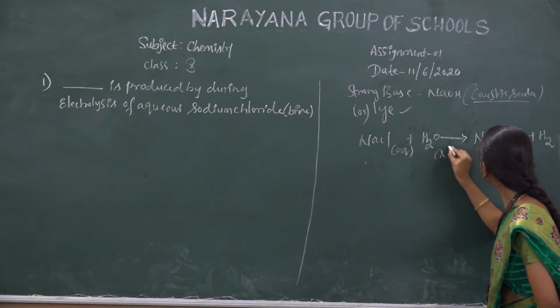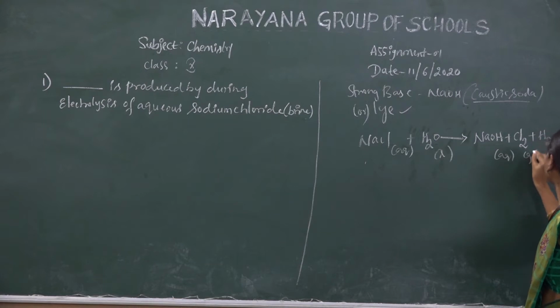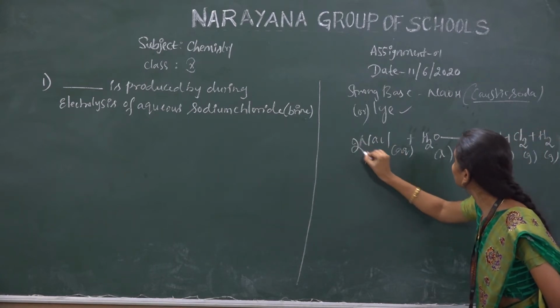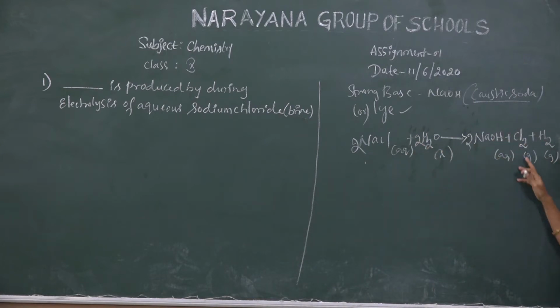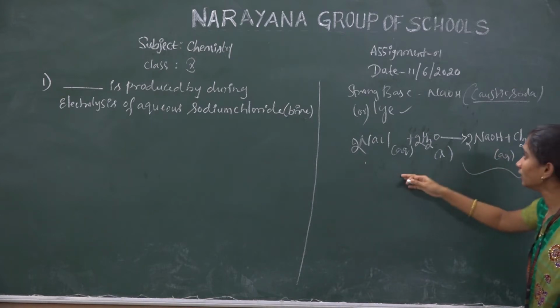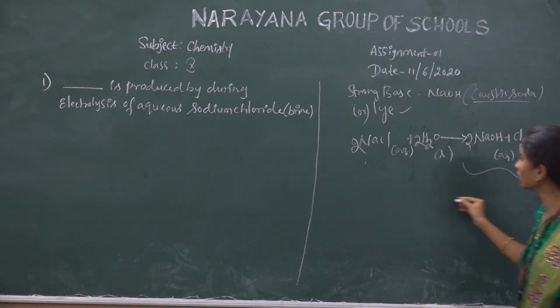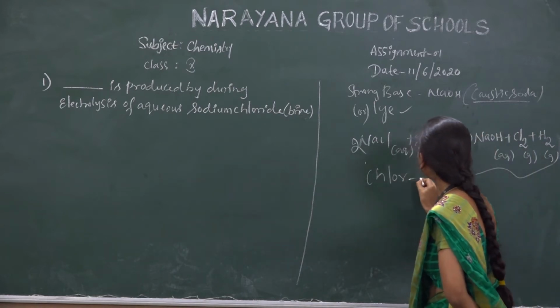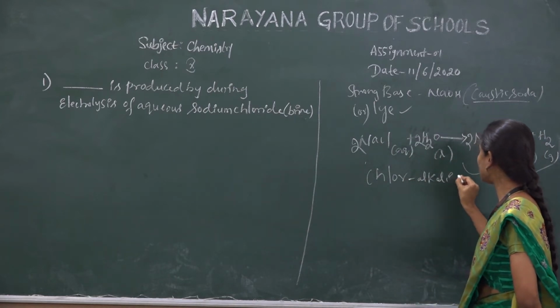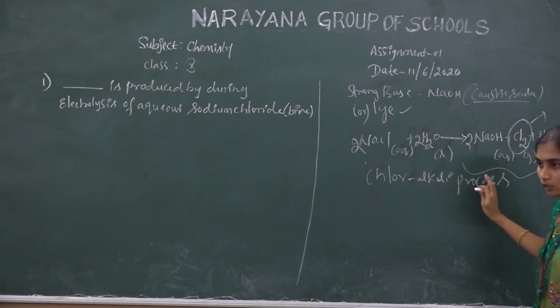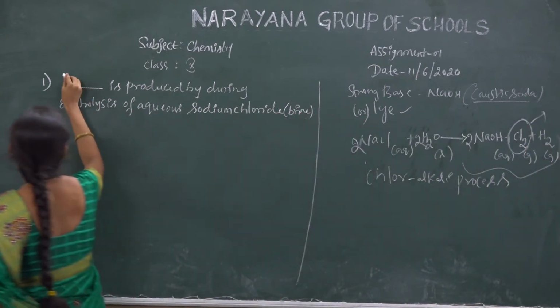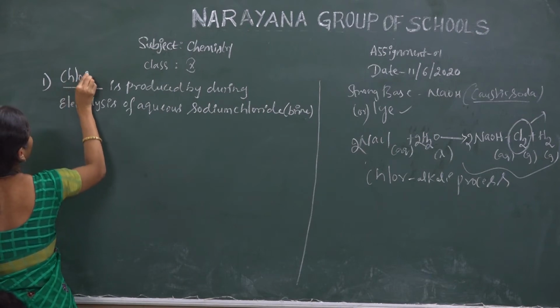For balancing: 2NaCl + 2H2O gives 2NaOH + Cl2 + H2. This process is called the chlor-alkali process. Which gas is deposited at the anode? Chlorine.